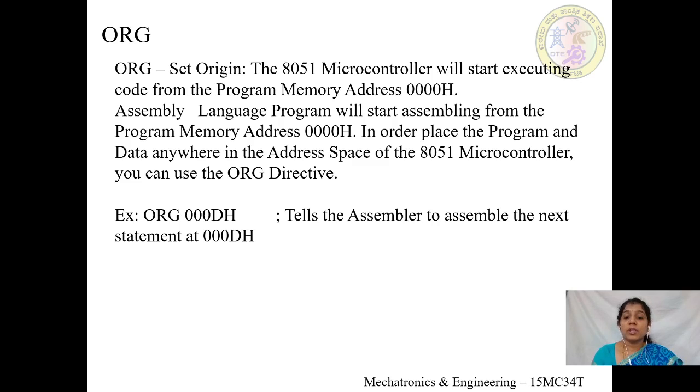If the user wants to place the program or data anywhere in a different address space of the microcontroller, then they will use origin. Say, for example, ORG 000DH. This tells the assembler to assemble the next statement at 000DH, that is, to start the assembling process from this memory location.